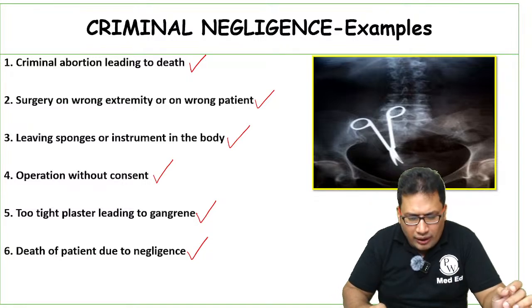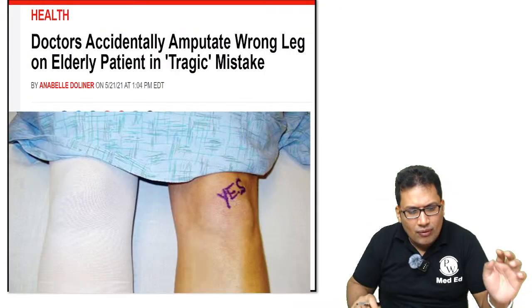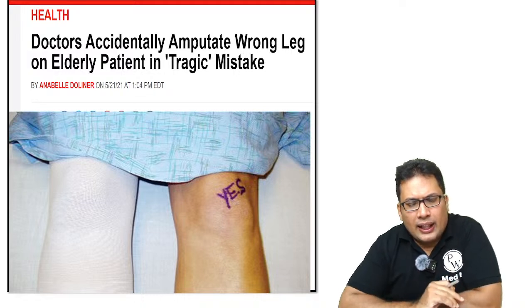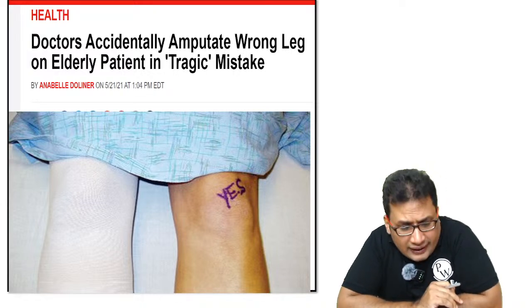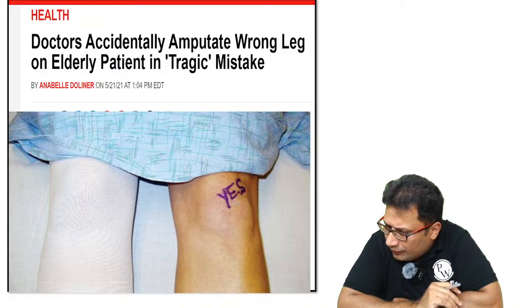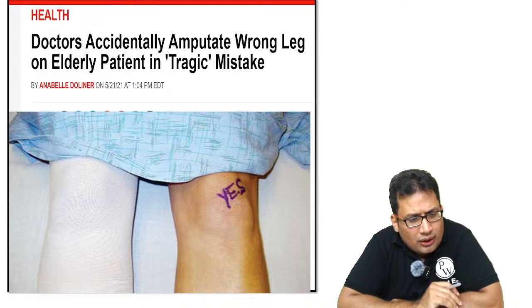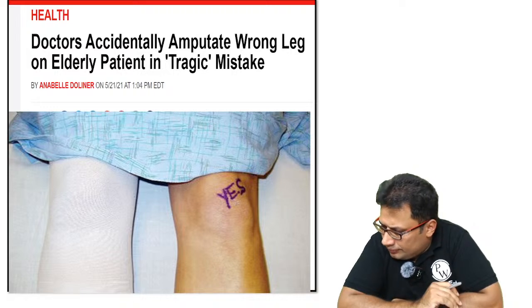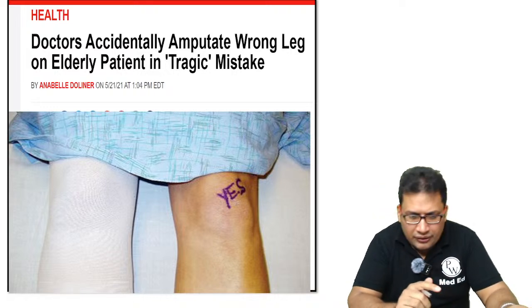Now all of you try to answer this. Look at this newspaper headline and identify whether it is civil negligence or criminal negligence. Can anyone answer this? Doctor accidentally amputates wrong leg of an elderly patient in tragic mistake. What is it? Civil or criminal? So Rishikesh, yes, good.